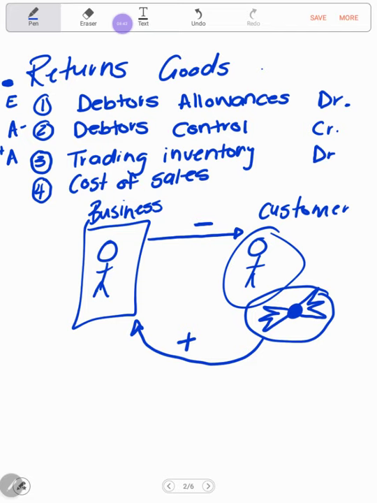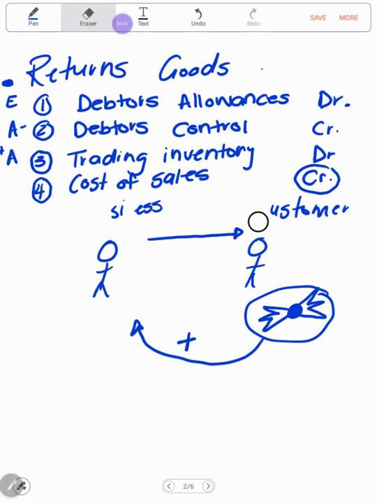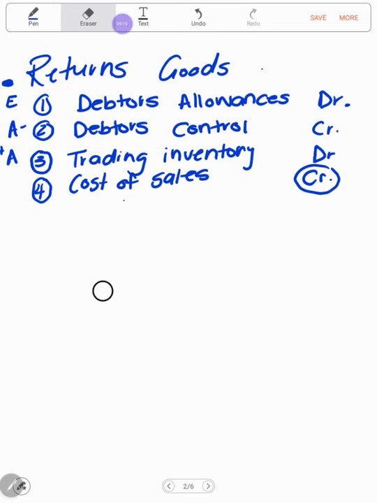And remember, cost of sales to a business is an expense, but because of the reversal transaction, we will put it on the credit side. So it's an expense that is not increasing, but an expense that is decreasing on your credit side. I hope that makes sense to you. I'm just going to do a little illustration for you once again.